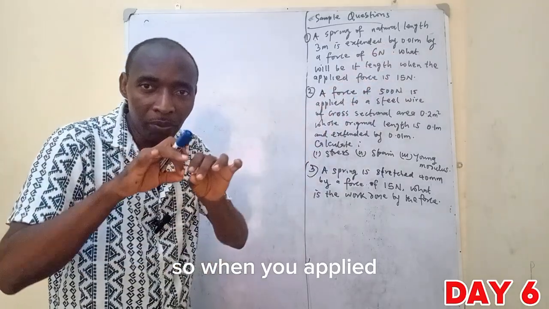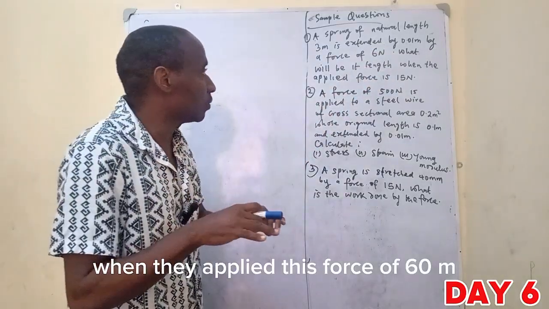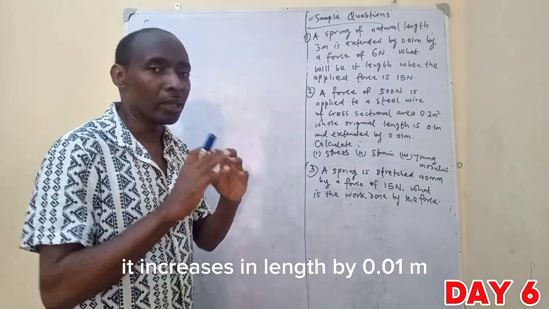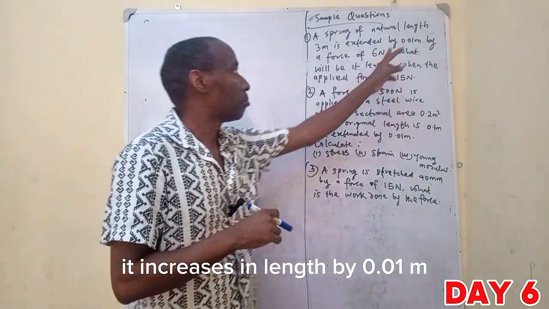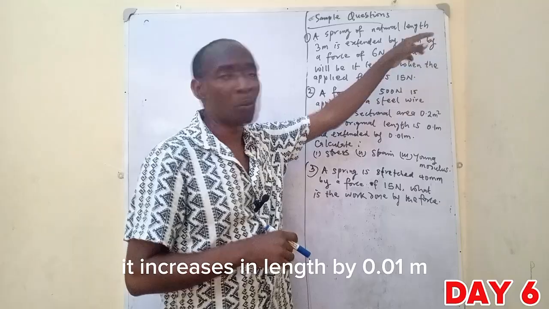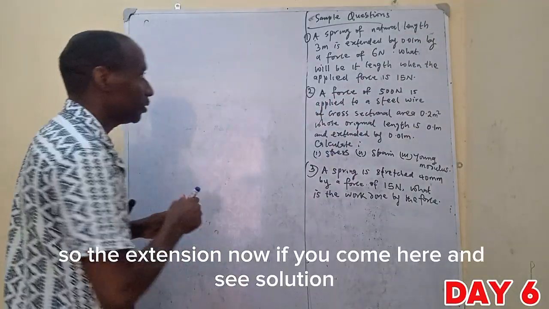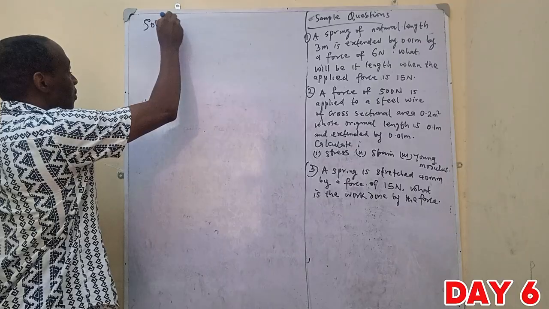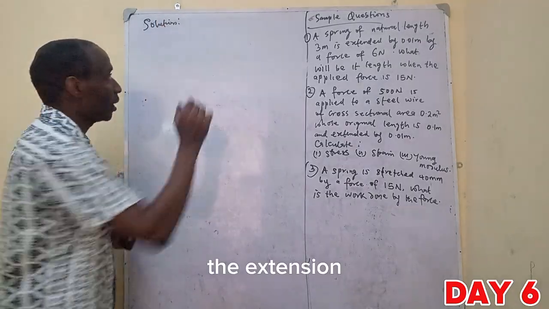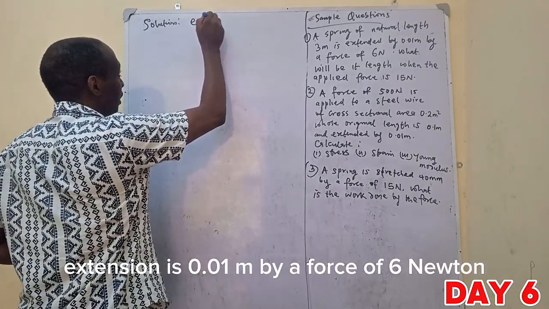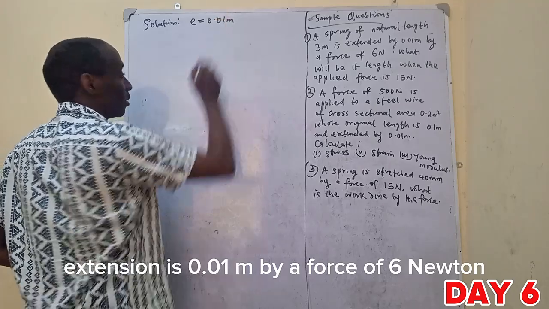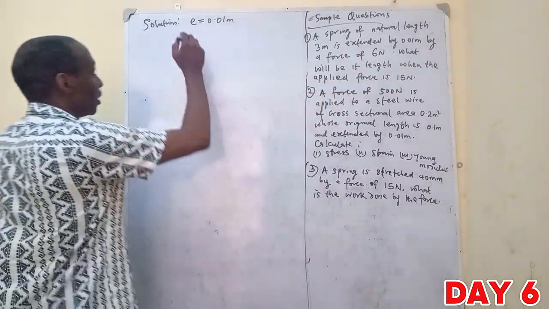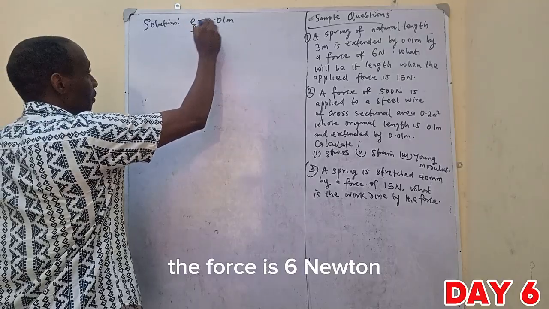So when they apply this force of 6 Newton, this material that is 3 meters long increased in length by 0.01 meter. So in the solution, the extension is 0.01 meter by a force of 6 Newton. The force is 6 Newton.